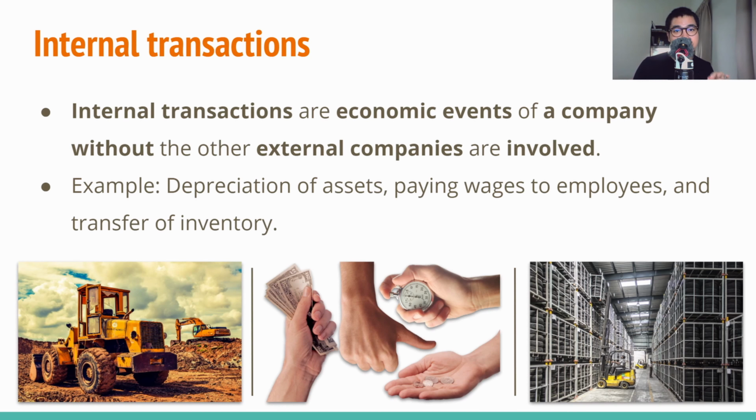Hence, this transaction is internal, which means it happened inside the IHA company without other external companies being involved. Incidentally, there are other examples such as paying wages to employees and transferring inventory, which are quite internal. So explain it for yourself, okay? Same logical thinking as the first example, alright?